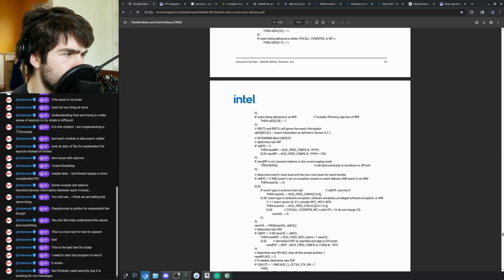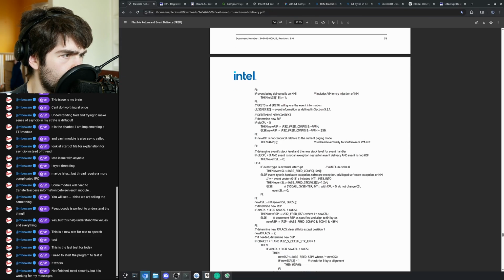If new RIP is not canonical relative to the current paging mode, then there's an error. Determine the event stack level. Determine the event's stack level, the new stack level for the event handler: if old CPL equals 3 and the event is not an exception nested on the event delivery and the event is not, that's a user configurable thing that we can configure.